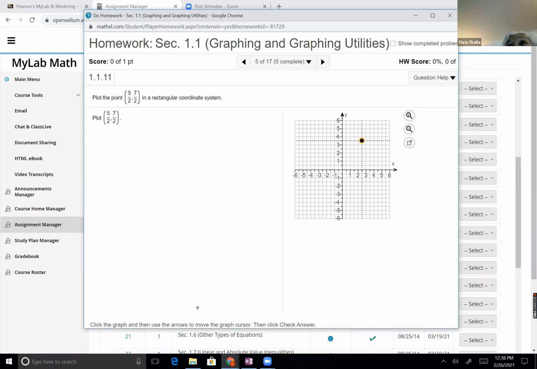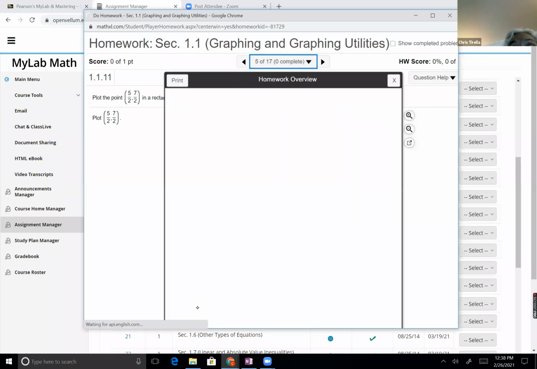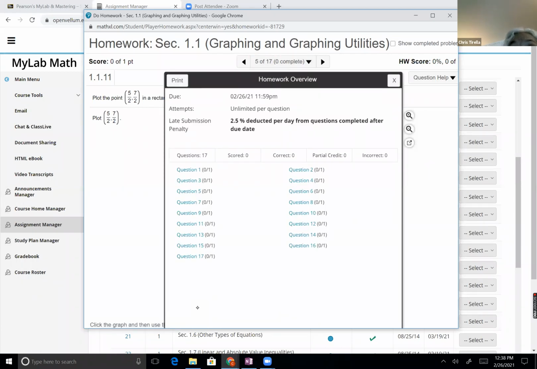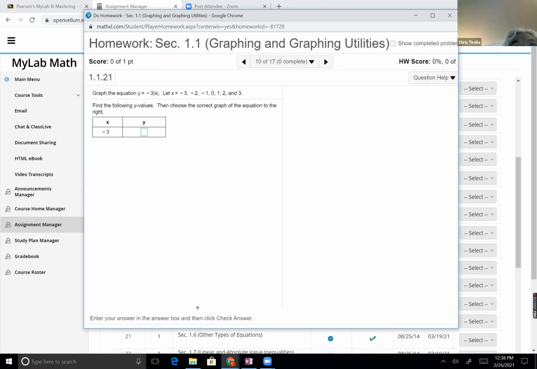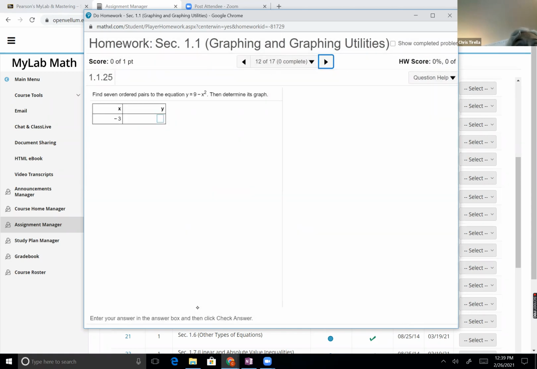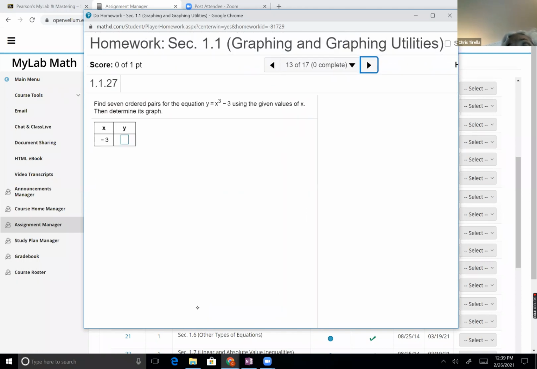Does anybody want to look at any other questions in particular from homework 1.1? In terms of what you might see on the quiz, you're going to see something where you're given an equation and you're asked to complete the table of values and then pick out the graph.